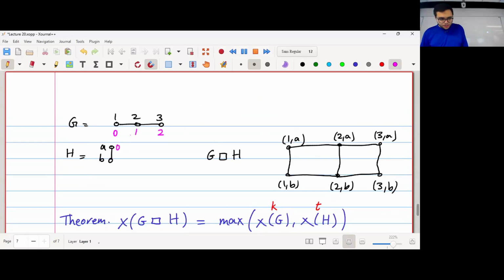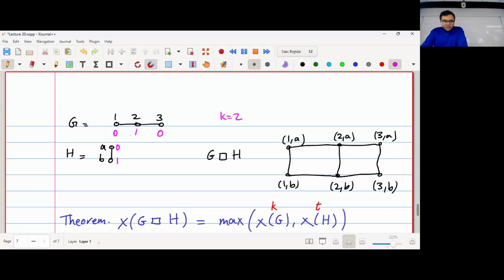And here I use colors 0 and 1 for H. Sorry, actually, why did I use 2 there? I can use 0. Right. Okay, so I'm using 2 colors for each of my graphs. So my k here is 2.